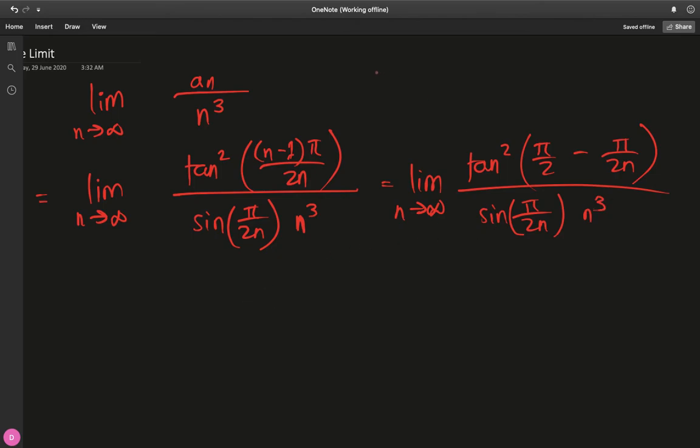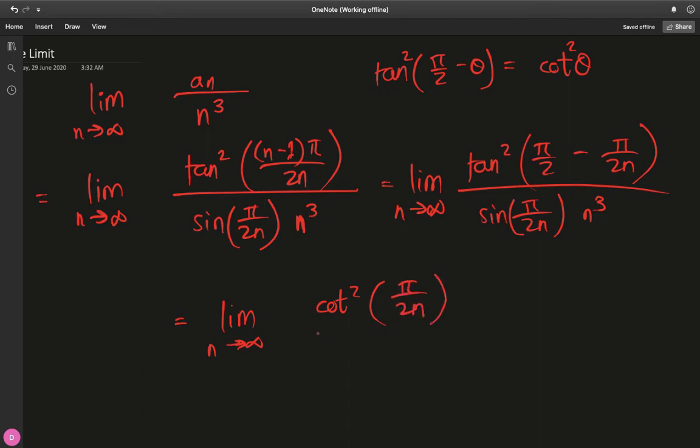And one nice complementary angle property of trigonometric functions is that tan of pi over 2 minus theta is just the cotangent of theta, and this applies even for squared angles. You can square both sides and you can see that tan squared of pi over 2 minus theta is equal to cotangent squared of that angle. So we can write everything as the limit as n goes to infinity of cotangent squared of pi over 2n divided by sine of pi over 2n and n cubed.